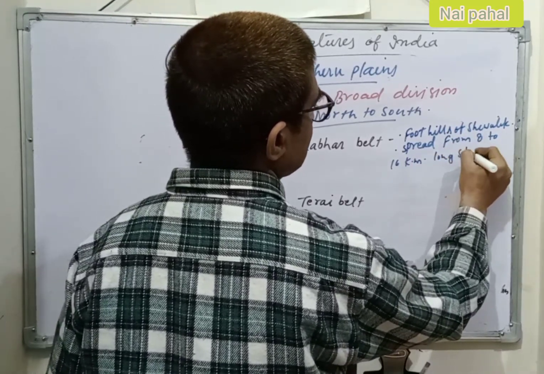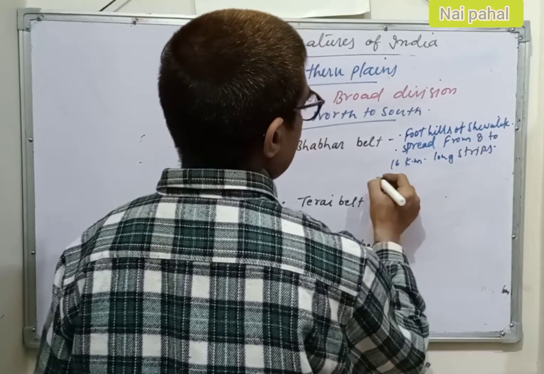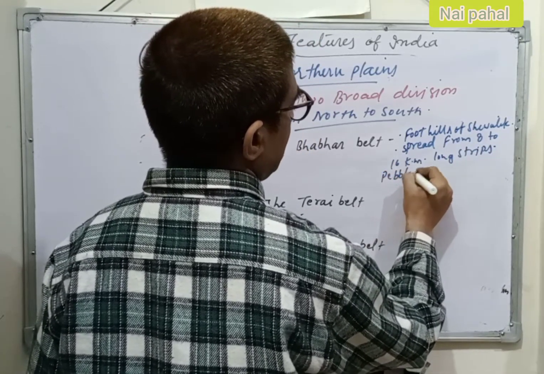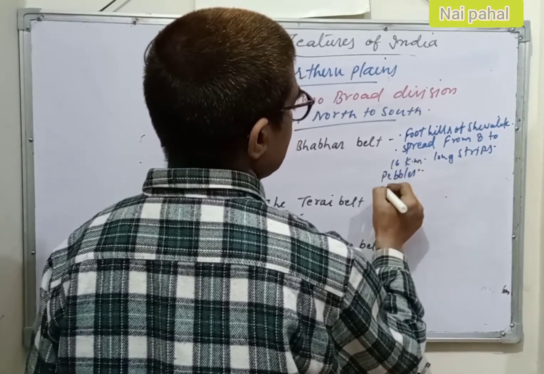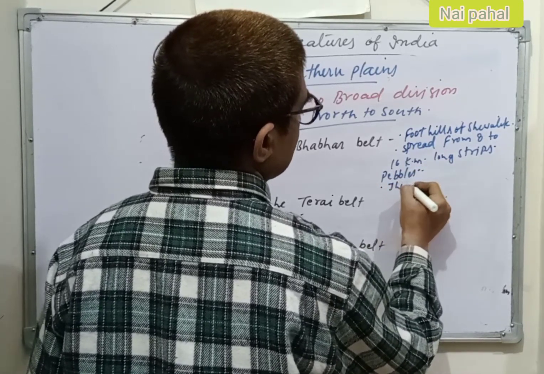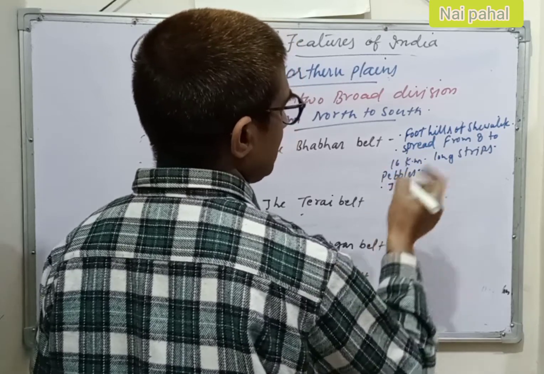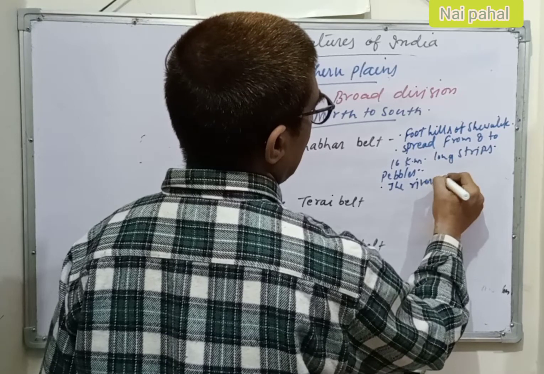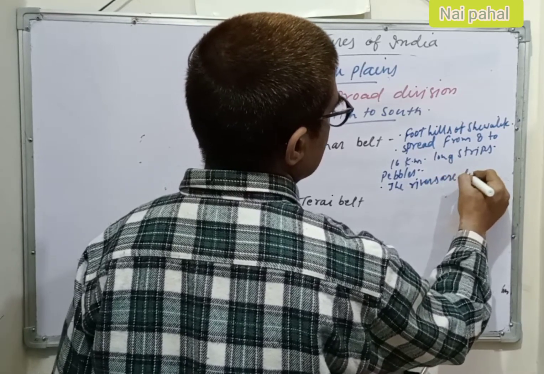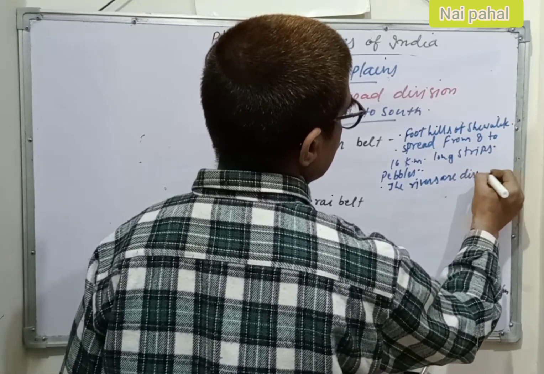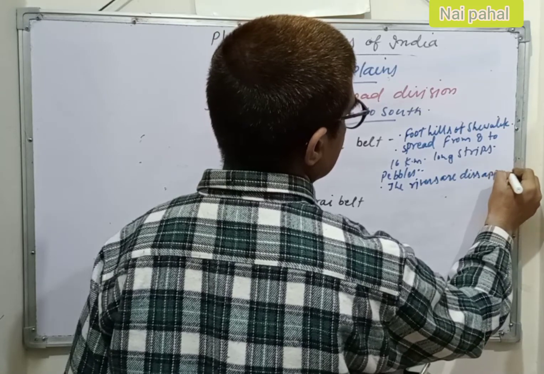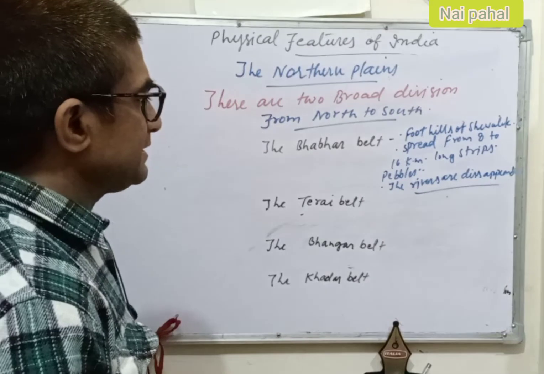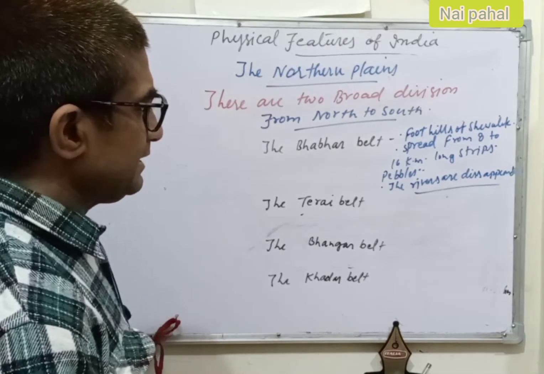Long stripes formed by pebbles, and very important, the rivers which originate from the mountains disappear. This is a very important feature of the Bhavar Belt. Okay, and you should keep it in mind.